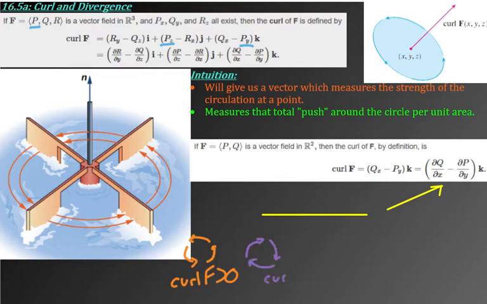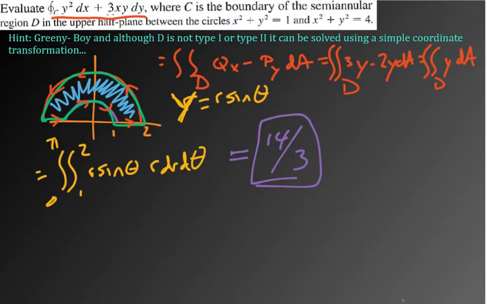That curl is negative, okay? And in 2 dimensions, curl is just going to give you Q with respect to X minus P with respect to Y. And this should look really familiar because it is Green's. It's right here. We used it right in there, right? Hopefully at this point you identify Green's pretty fast.